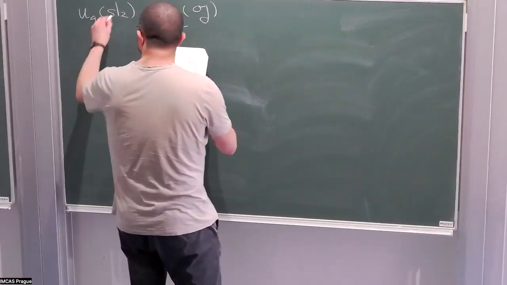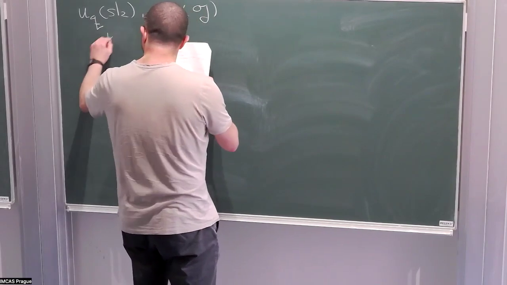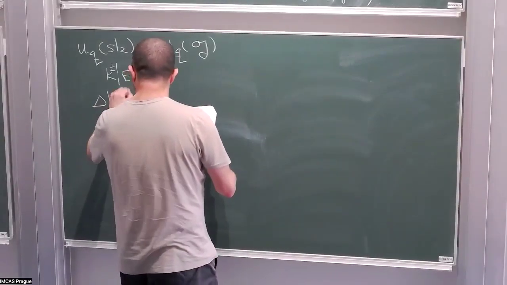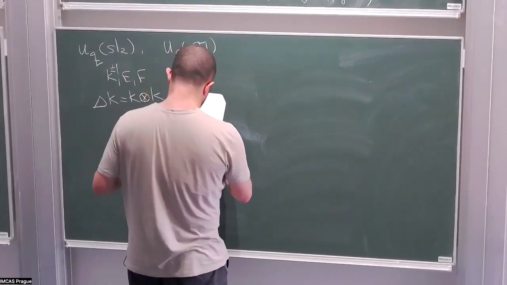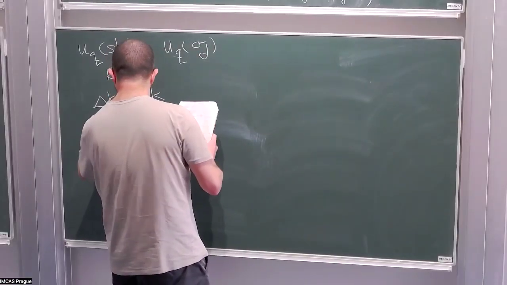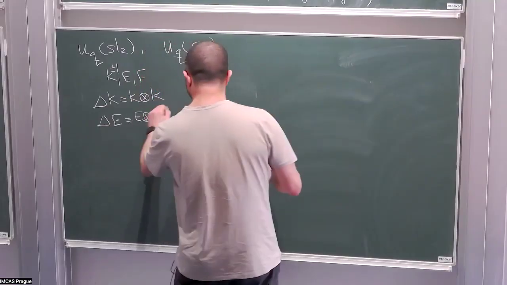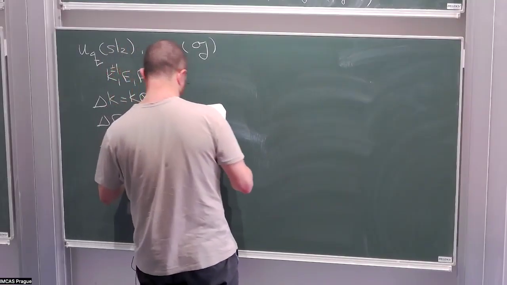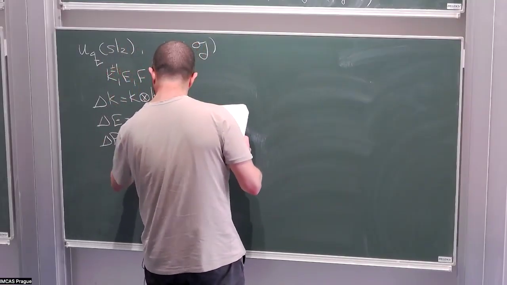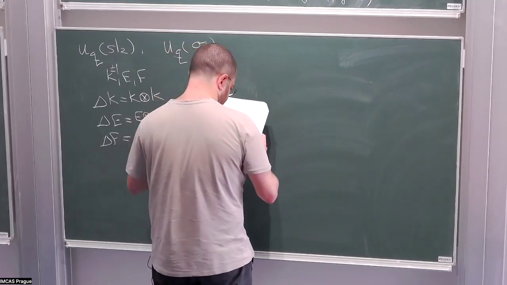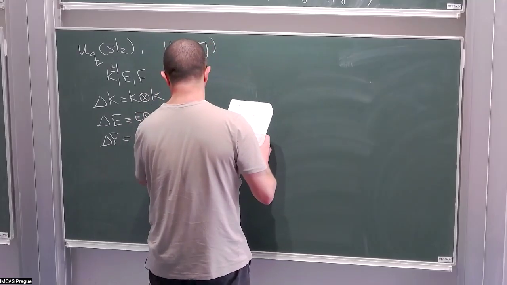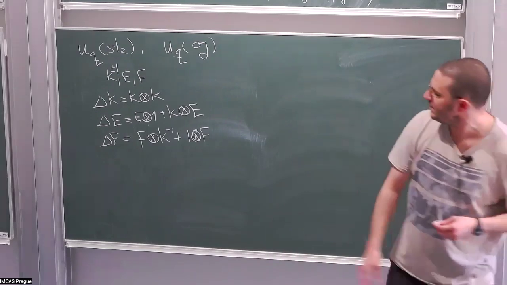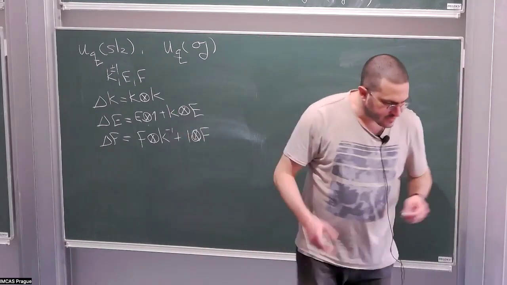For example, in U_q(sl2), I just want to remind you that we have generators K to the plus minus 1, E, and F. Delta K is K tensor K. Delta E is E tensor 1 plus K tensor E. And delta F is F tensor K inverse plus 1 tensor F. In all these examples, we have generation by what we call group-like elements, elements that satisfy this kind of equation, and skew primitives.